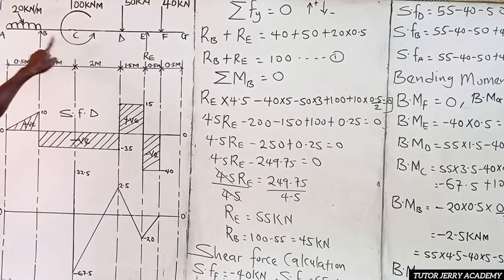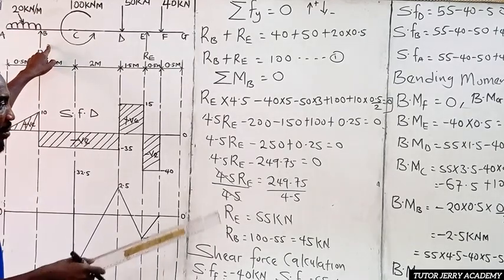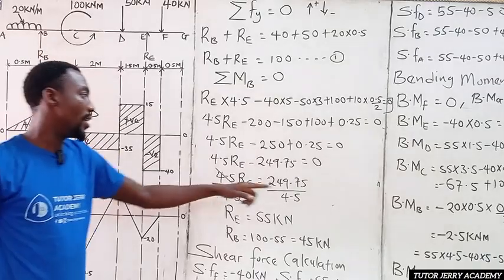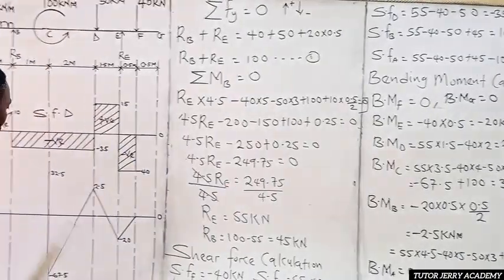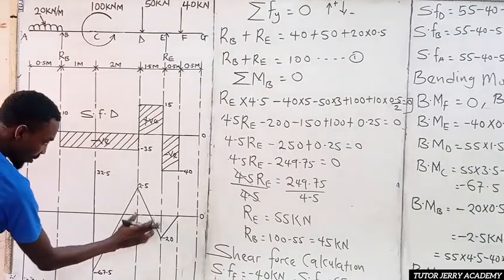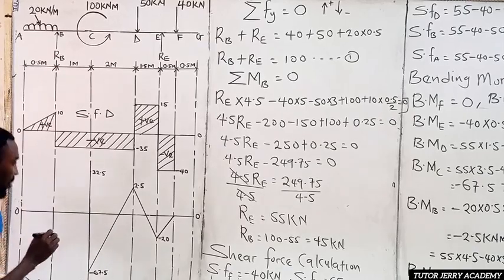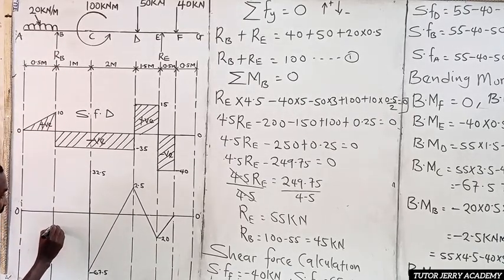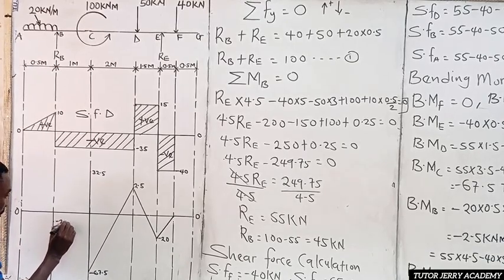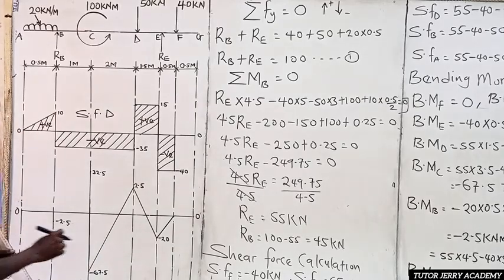We are now going to B. The bending moment at point B is negative 2.5. If from here to here is 20, then on our B, our negative 2.5 will be somewhere around here. Let's put it here, and we are going to connect this point with an inclined line again.